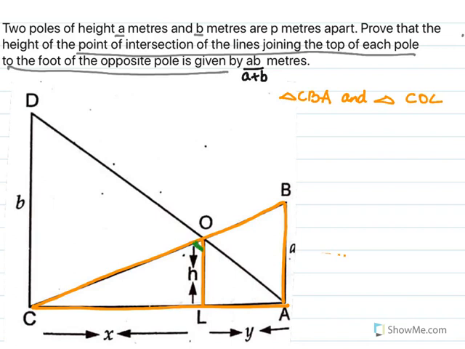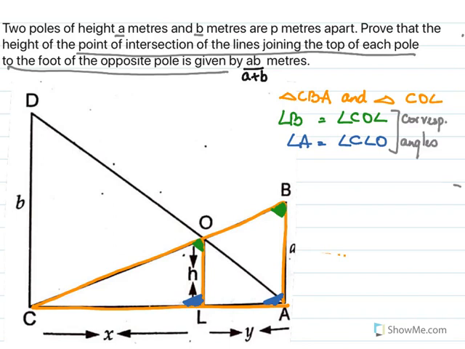Here I know these two angles are equal because they are corresponding angles, and here also I have angle L equal to angle A because they are corresponding angles. So let me write that. I have angle B equal to angle COL, and on the other side I have angle A equal to angle CLO, and the reason is corresponding angles. Now if two angles are equal, the triangles are similar.